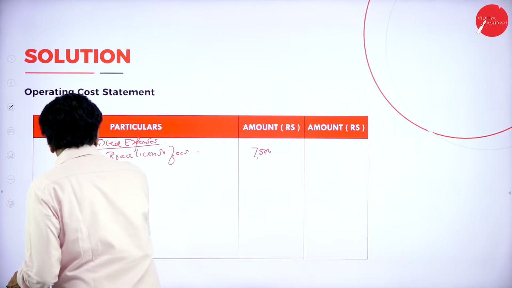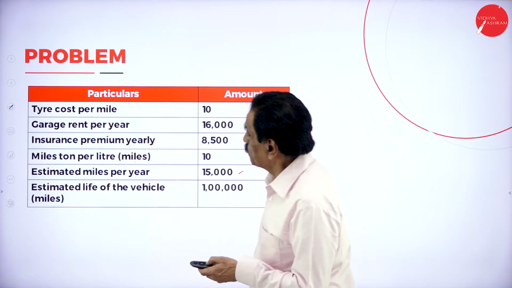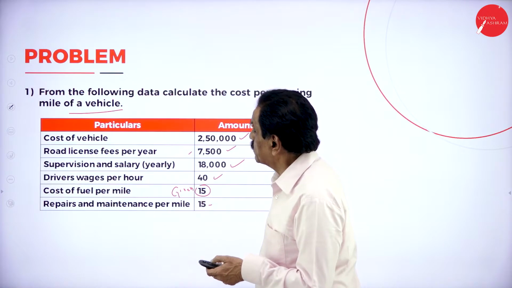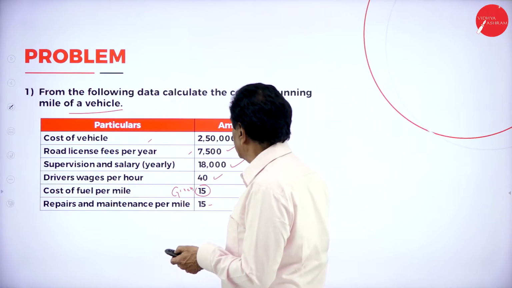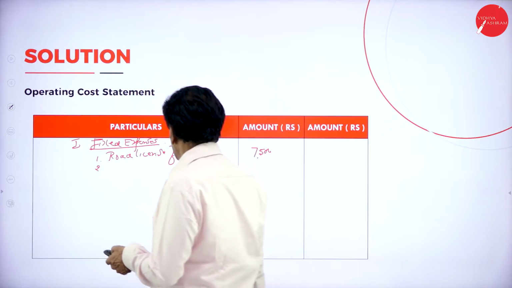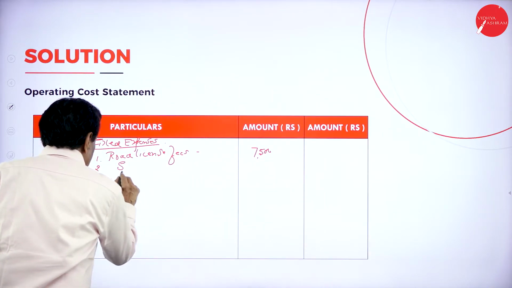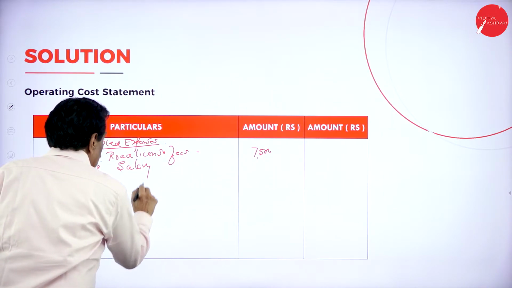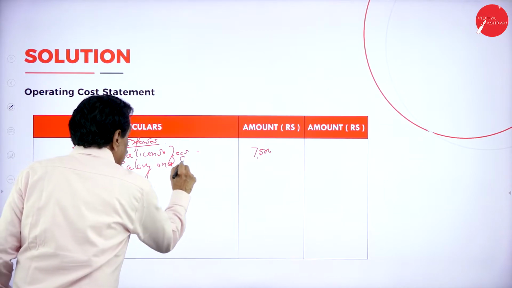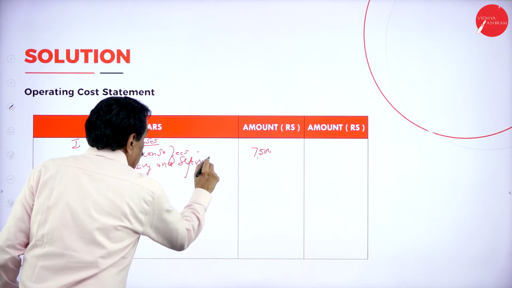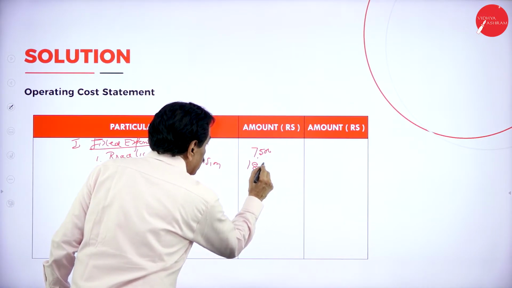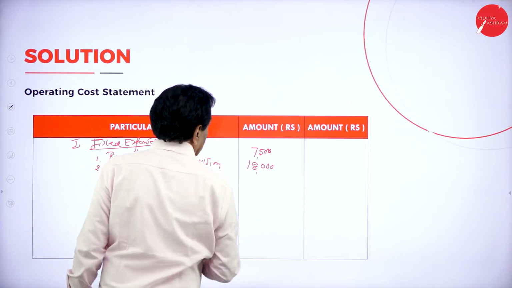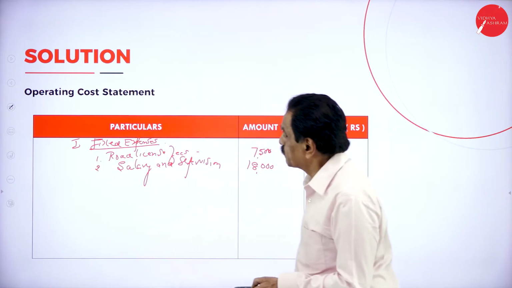One is over. Number 2, then see that supervision and salary, salary and supervision, 18,000 per annum.